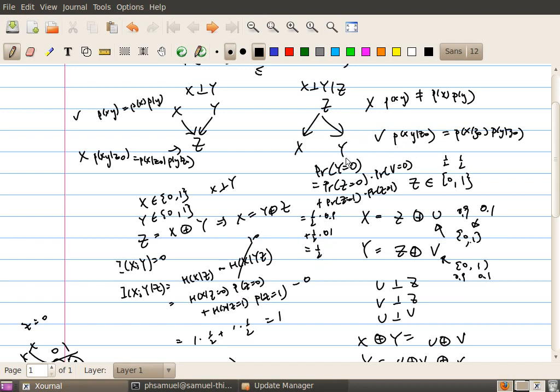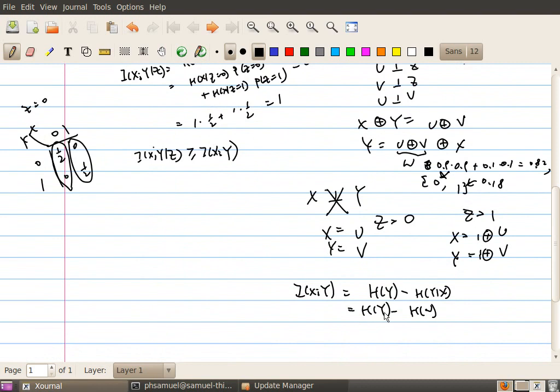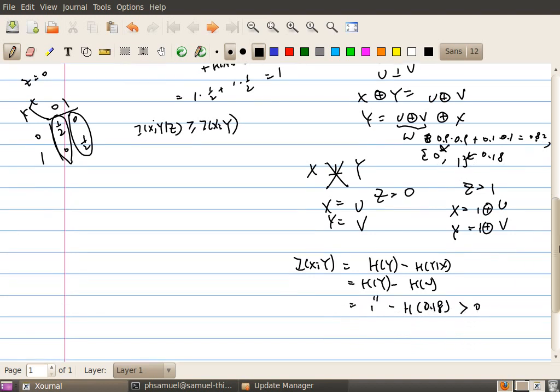So the probability y equal to 0 is just 1/2, and y equal to 1 is also 1/2. Therefore, H(Y) is just equal to 1, and H(W), as we showed, has the distribution probability of 0 equal to 0.82, and probability of 1 equal to 0.18. Therefore, it's equal to 1 minus h(0.18). So this is apparently not 0, it's bigger than 0.